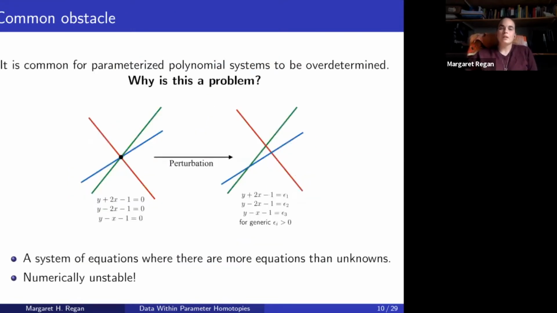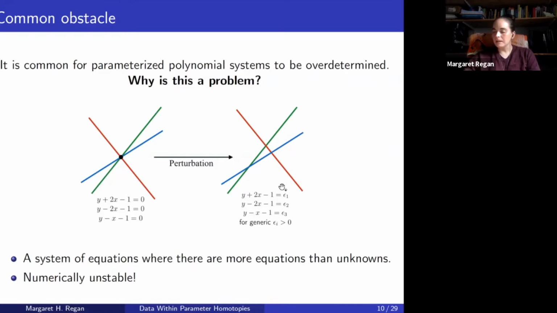Okay, so what we want to do is have stable systems, right? So it's very common for parameterized polynomial systems to be overdetermined. And what that would mean is that under a small perturbation, you're going to lose your solution, right? So if you perturb these equations just slightly, then you're going to lose your solution set.